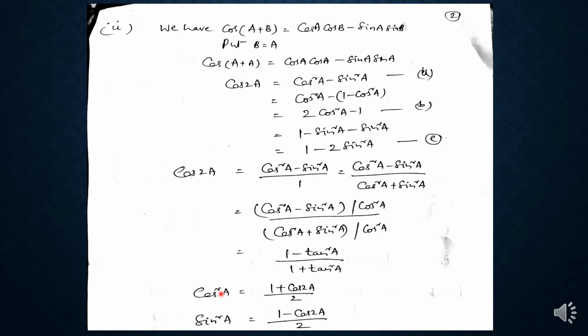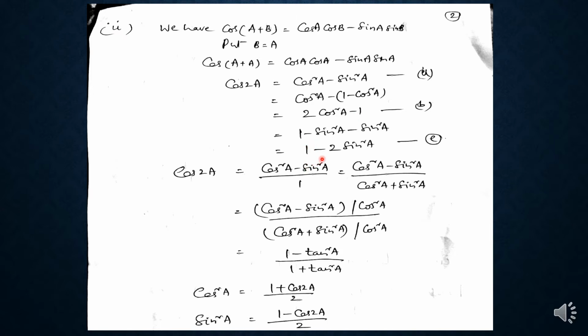So we got the formulas: cos 2A is equal to cos square A minus sin square A in terms of cos and sin. The second formula, only in terms of cos, is 2 cos square A minus 1.